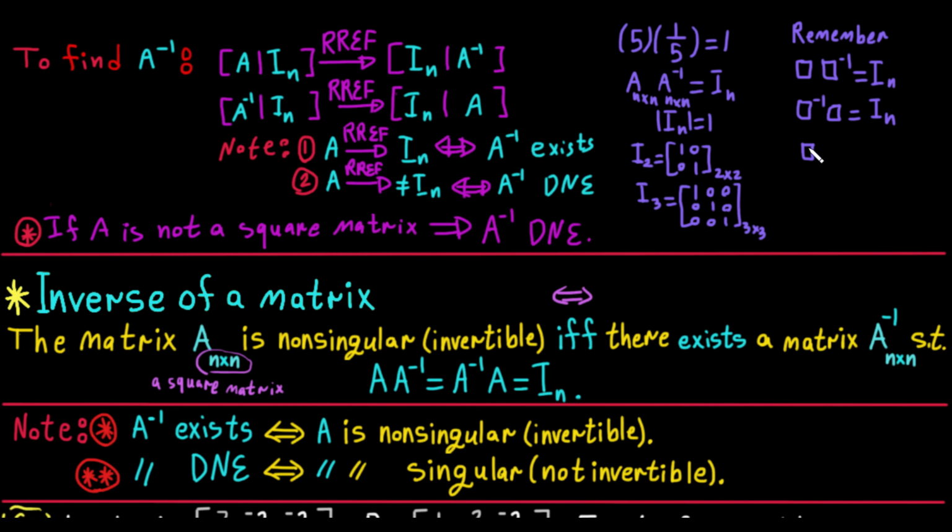If you have any matrix multiplied by the identity, of course it has to be a square matrix, then you will get this matrix. The same thing as 1 multiplied by 5, you will get 5. Here it's 1 multiplied by any matrix, which has to be a square matrix, then you will get the same matrix.